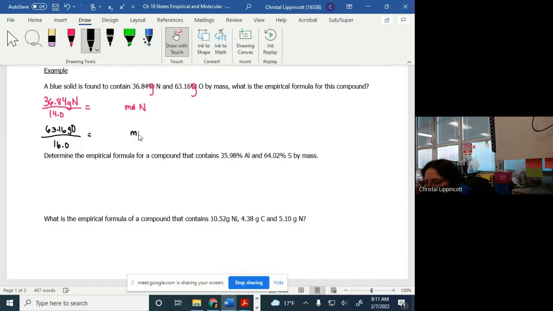And that's going to give me moles of oxygen. 36.84, 14. We end up with 2.63 here. 63.16, 16. I end up with 3.94.